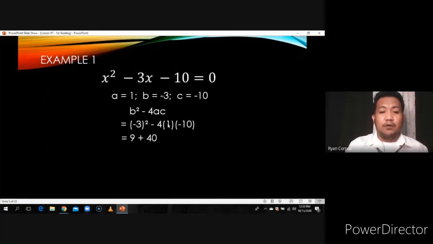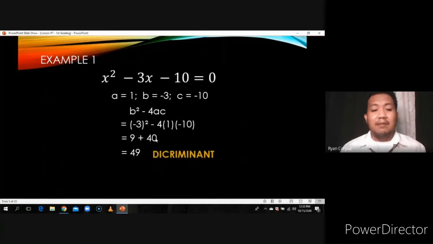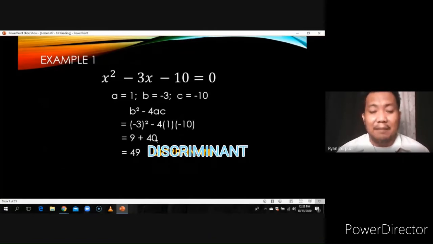Then negative 4 times 1 is negative 4, times negative 10, to come up with positive 40. So that will be 9 plus 40. Then simplify, we come up with the answer 49. 49 is a positive number. So that 49 is what we call the discriminant.